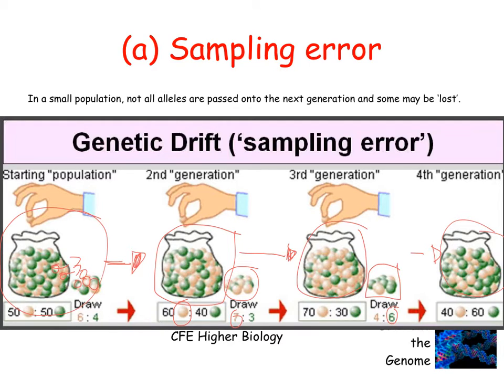And sometimes what might actually happen is, if we say we don't have this scenario here, but this time round it's just the beige alleles that get selected for, and therefore the fourth generation ends up with only beige alleles, 100%, and there's zero green. Then you've actually lost that allele from that next generation, and it's never going to appear again. So you've had this drifting effect that's taken place.